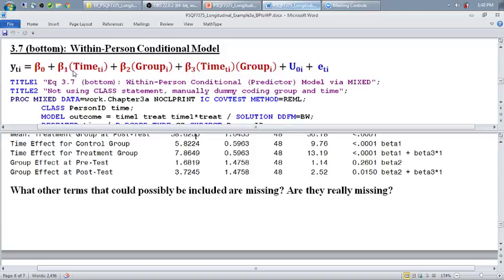Likewise, do we have a main effect of group? Yes, we have a single. Yeah, beta 2, right? You're like, is she going for some trick? No, I swear I'm not trying to trick you. Now here, do we have a main effect of person?